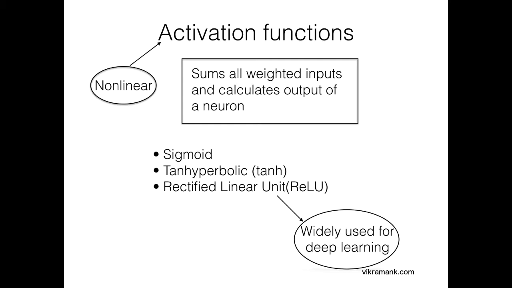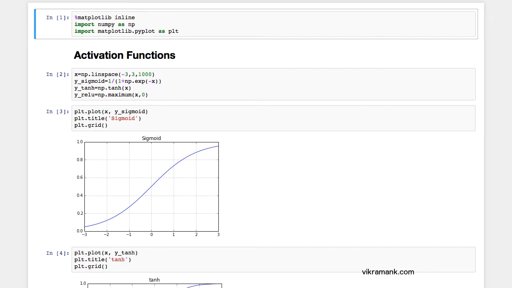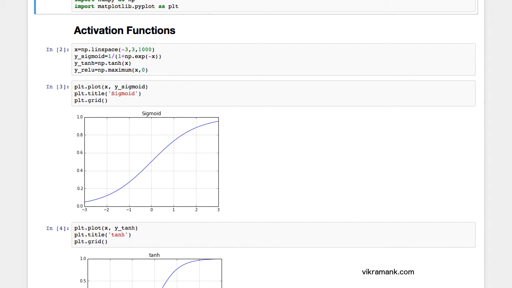The first two functions are widely used in conventional neural networks, and the rectified linear unit is widely used in deep learning applications. The sigmoidal function is nothing but 1 divided by 1 plus exponential of negative x, where x is our input. This is a plot of a sigmoidal function. It's like an inverted S, and it's continuous, it's differentiable, and the output values lie from 0 to 1.